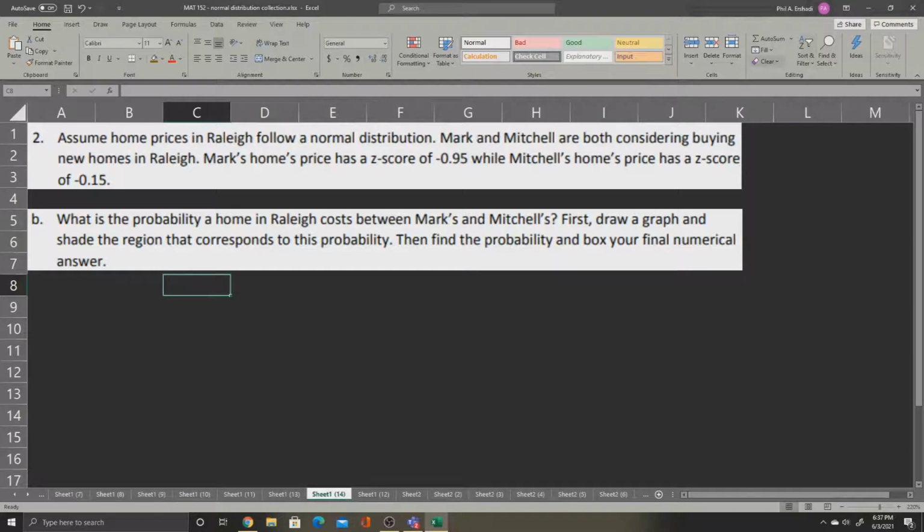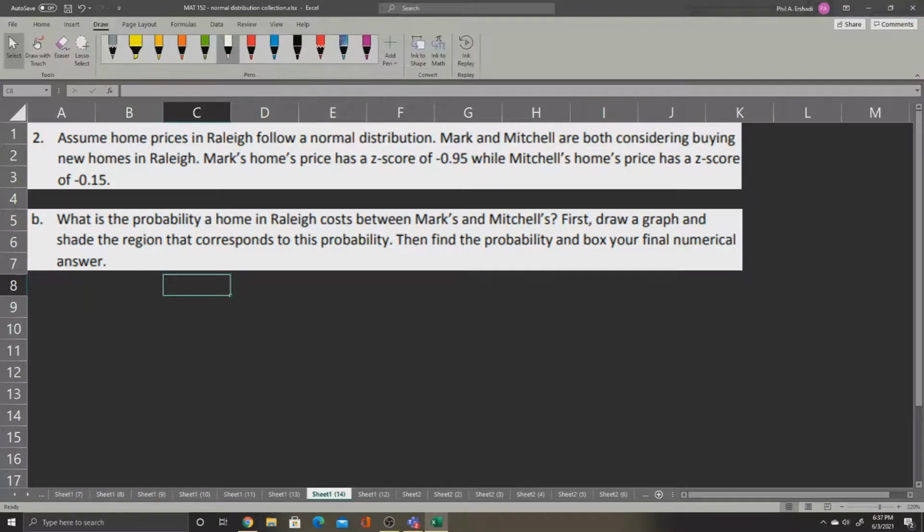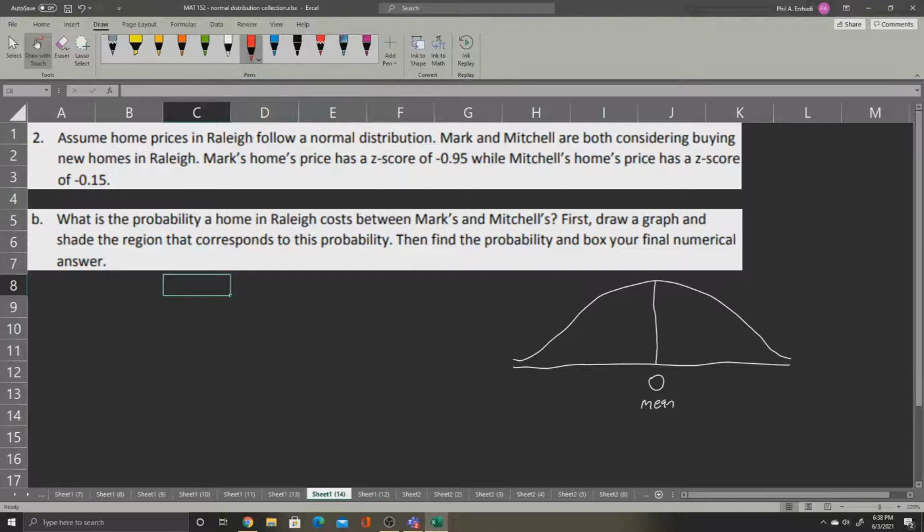Question B asks, what is the probability that a home costs between Mark and Mitchell's? Once again, we'll draw our bell curve. We'll mark our mean down at 0. Now our z-scores are negative 0.15, and then we also have negative 0.95 for our other z-score.